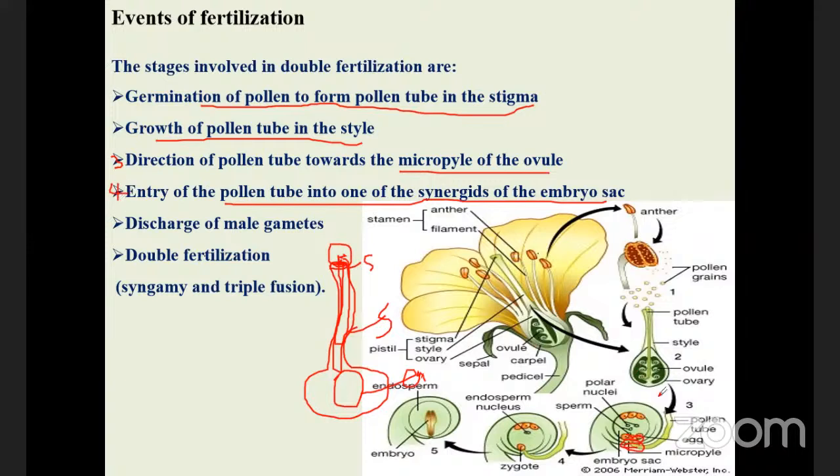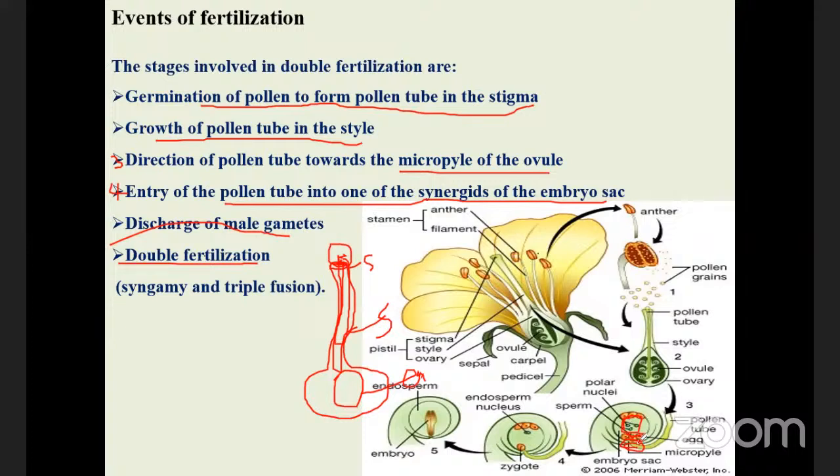Then comes the discharge of the male gametes in the embryo sac. The two male gametes are discharged, especially in the synergid. The first one will fuse with the egg cell, and the second one will fuse with the polar nuclei or secondary nucleus.